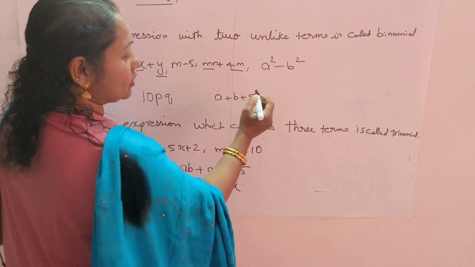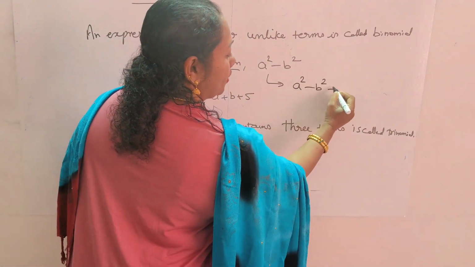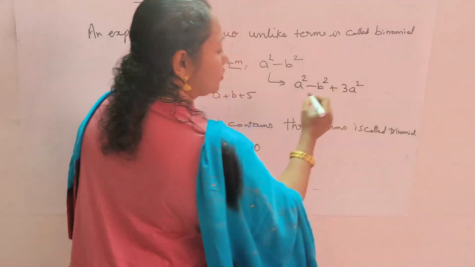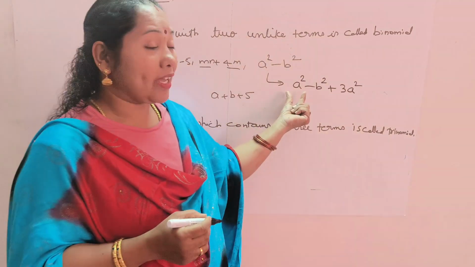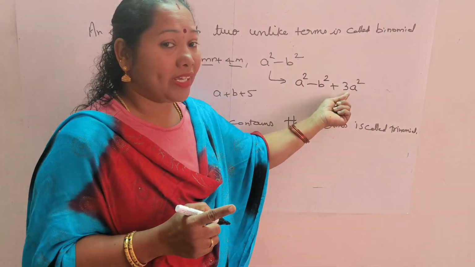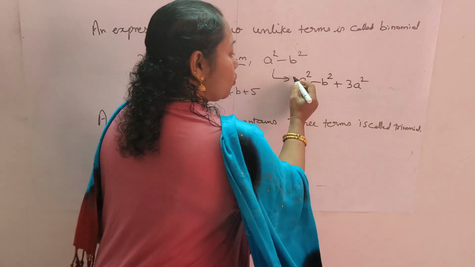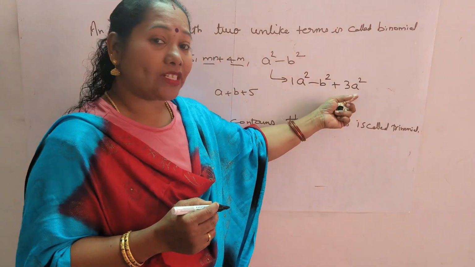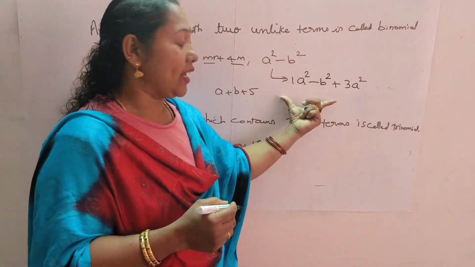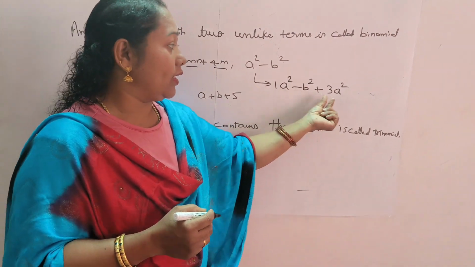If we write this as a squared minus b squared plus 3a squared, here we can see one term, two terms, three terms. But this term is not different. This is a squared, meaning 1a squared, and this is 3a squared. In both these terms, the first and the last one, the variable is a squared.